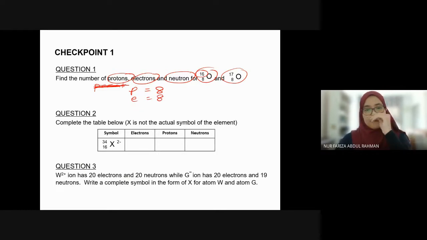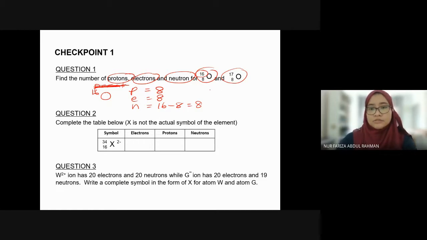This is for oxygen-16. The number of neutrons is equal to 16 minus 8, which is 8. Mass number minus the proton number.